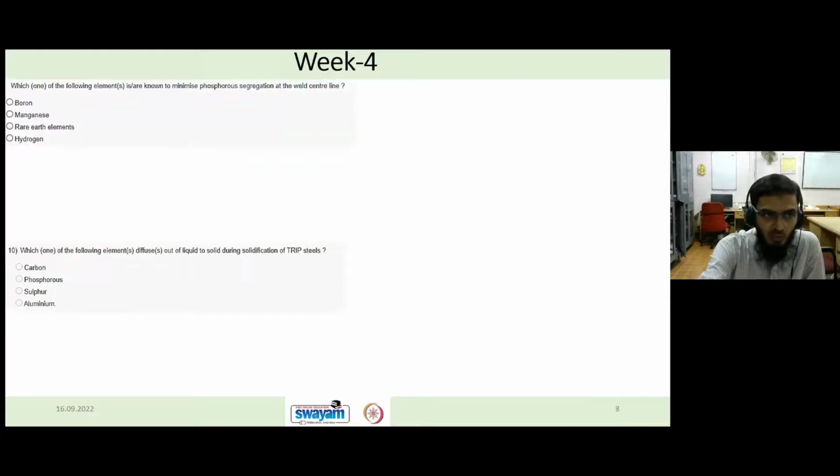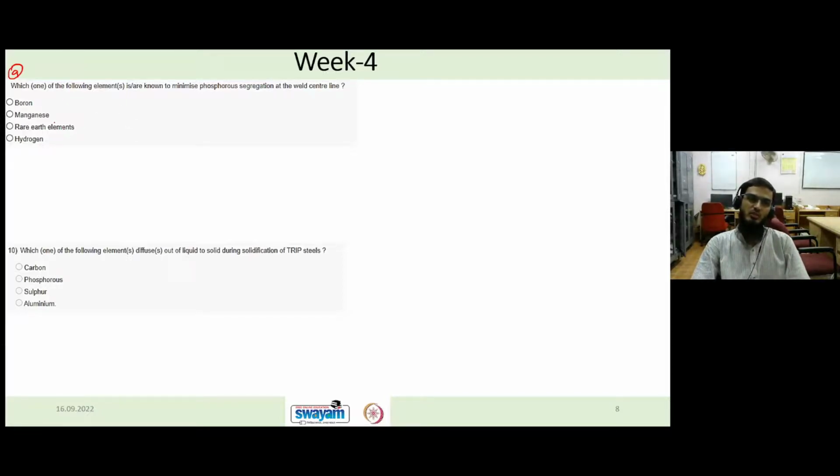Now we will move to the next question, question number 9. Try to read. Which one of the following elements is known to minimize the phosphorus segregation at the weld center line? Boron, manganese, rare earth elements, or hydrogen.